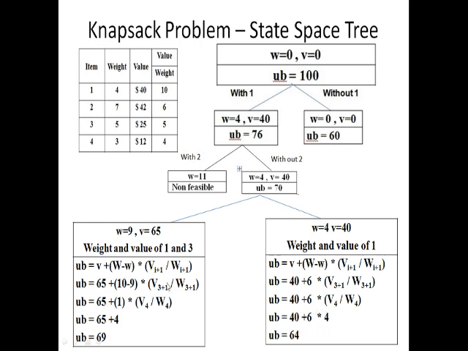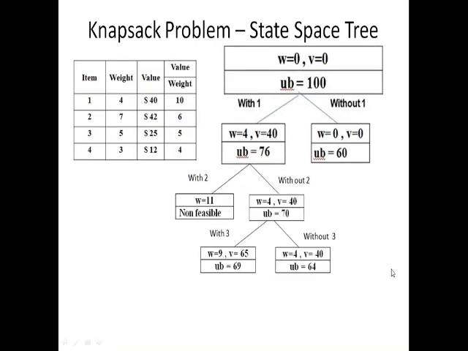We have two values. In this, the maximum value should be considered. You have got the upper bound of 69 and upper bound of 64. The maximum is 69. That is considered the promising node, and that should be expanded. Here we got this set of values. Upper bound 76, 60, maximum is 76.